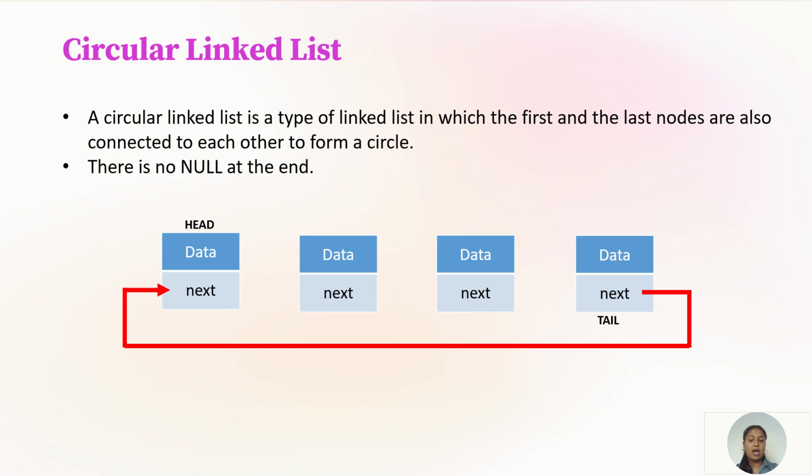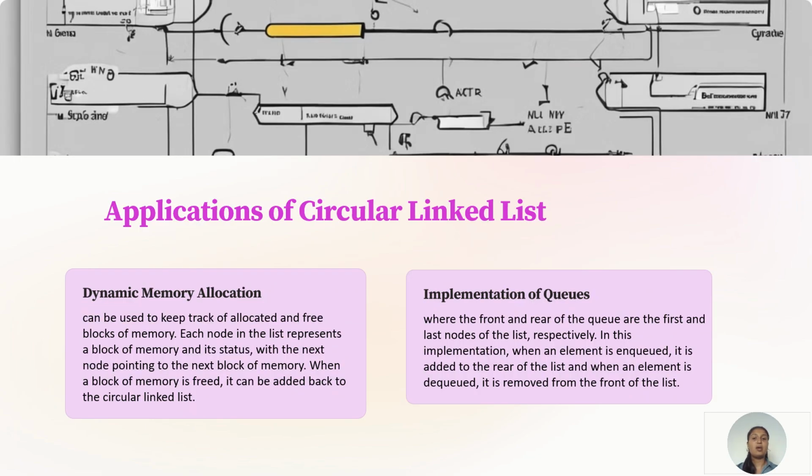However, unlike a singly linked list, the tail node points back to the head, creating a circular structure. So what are the applications of circular linked lists? As we mentioned before, they also have dynamic memory allocation and are used in the implementation of queues.